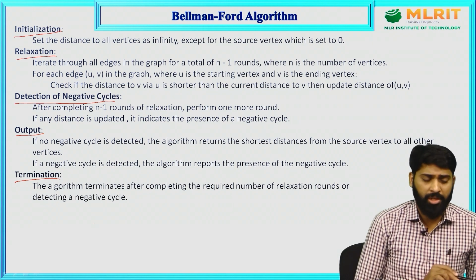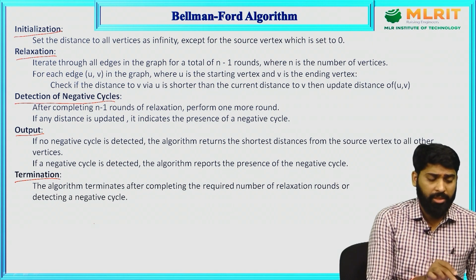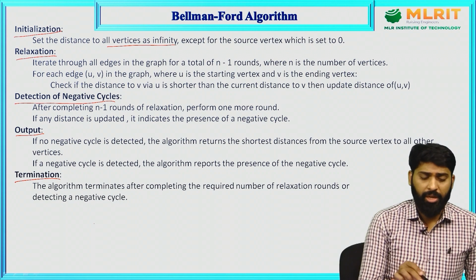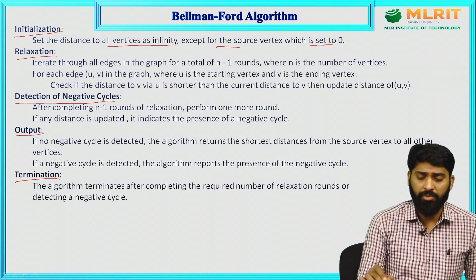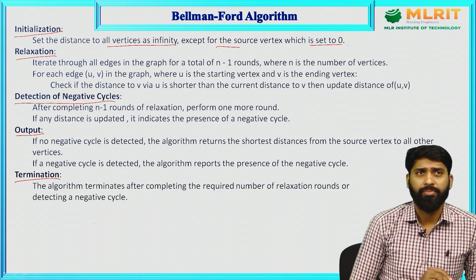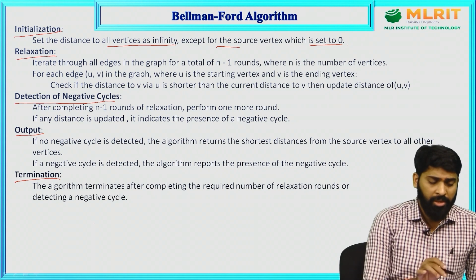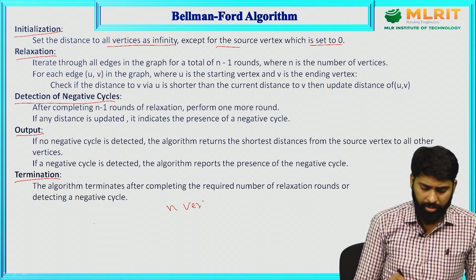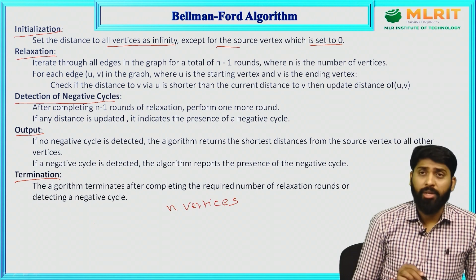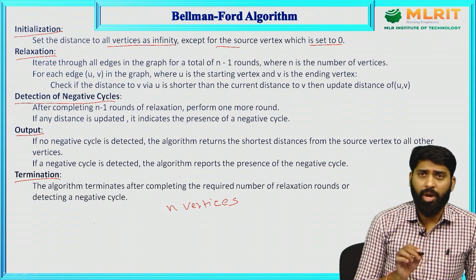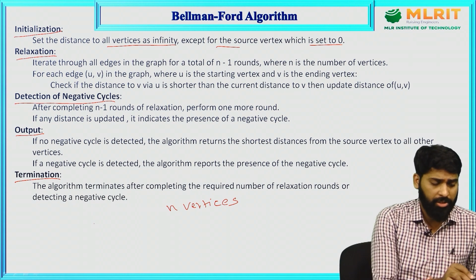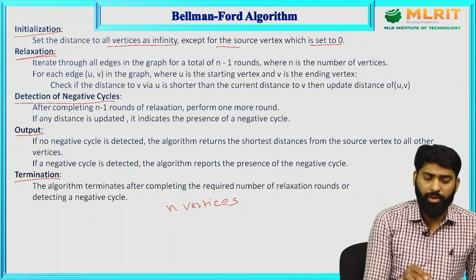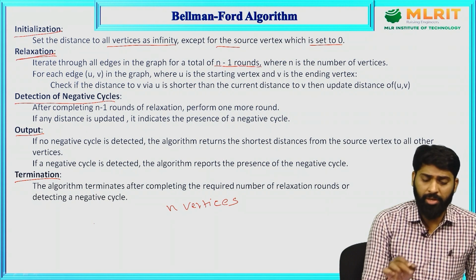In initialization, we set the distance to all vertices as infinity except for the source vertex, which is set to 0. Relaxation means, if you have n vertices, then n minus 1 times you have to perform this relaxation. Iterate through all edges in a graph for a total of n minus 1 rounds.